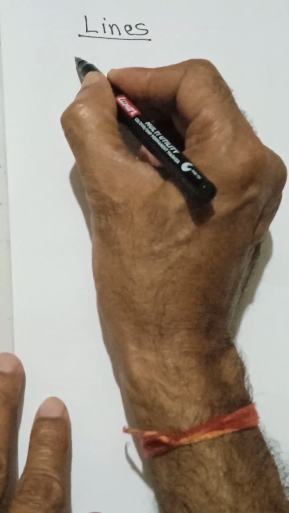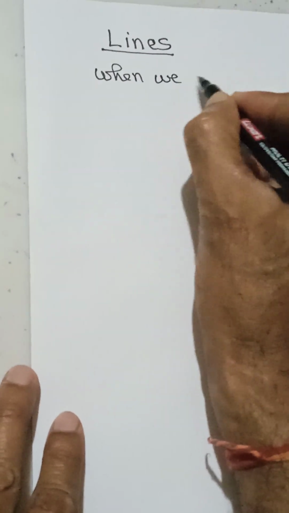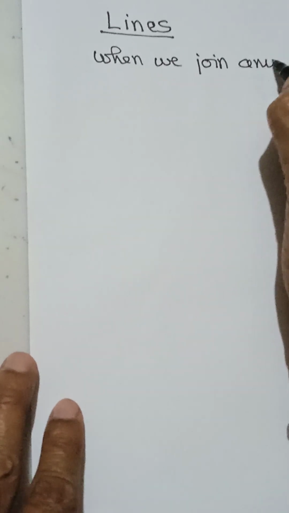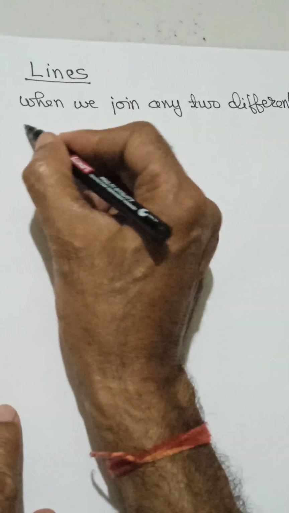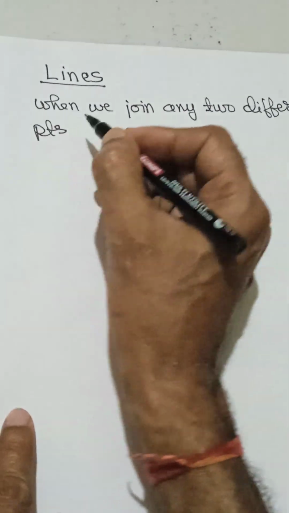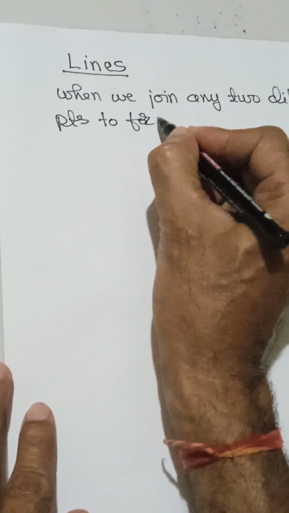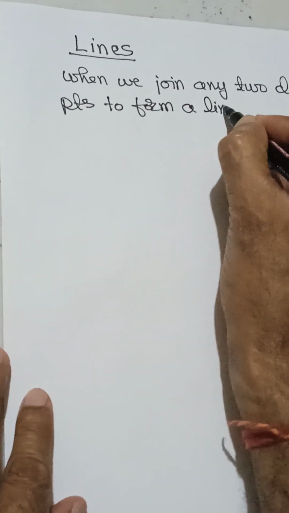See, when we join any two different points, we form a line.